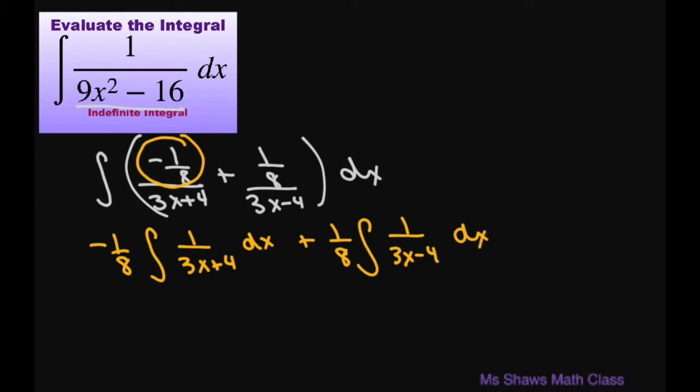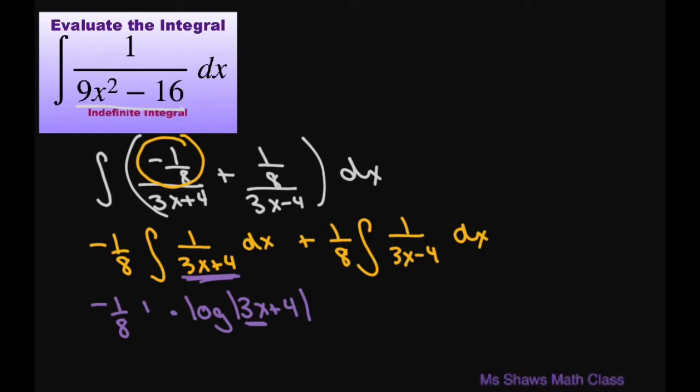So at this stage, we can integrate this. For this piece here, this is going to be negative 1/8 times log of absolute value of 3x plus 4. But when you use your substitution method, we have to also differentiate that 3x.